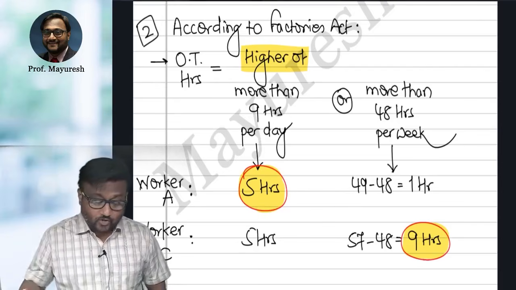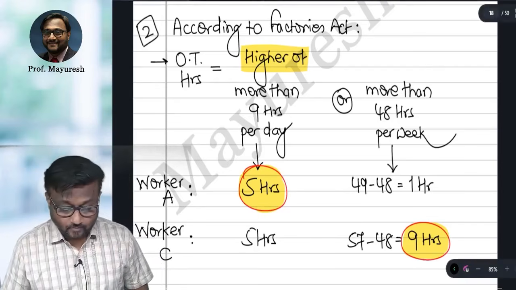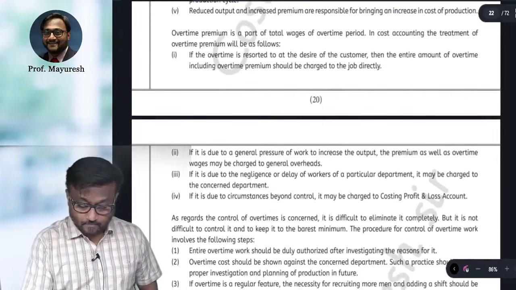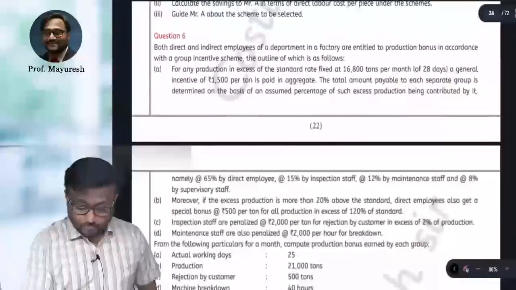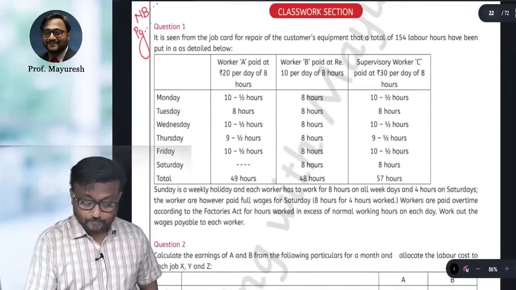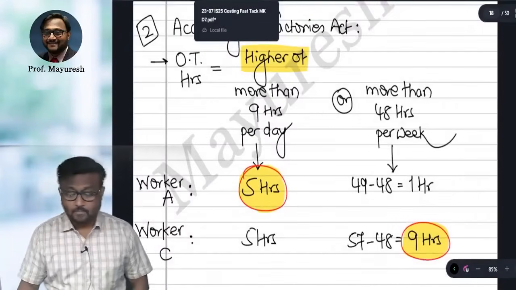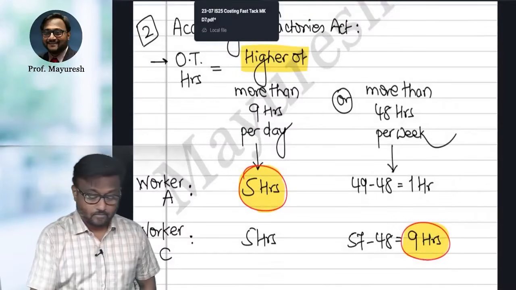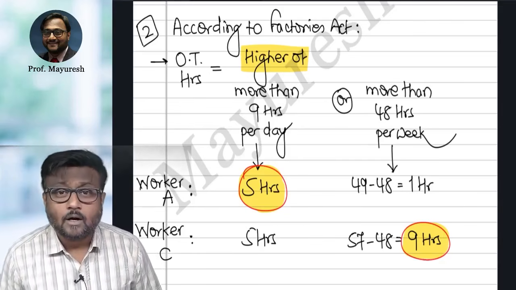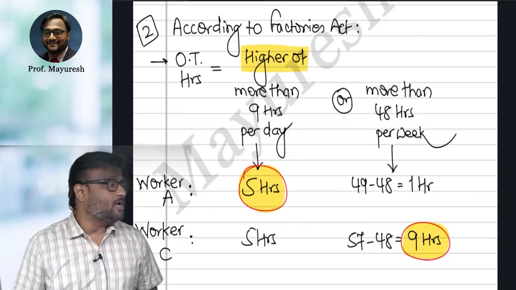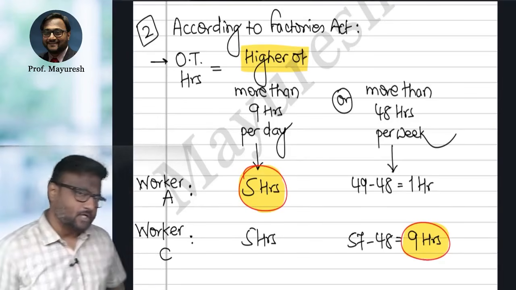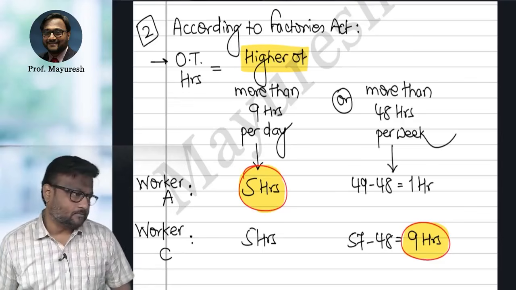Okay. In case of worker C, overtime on daily basis is only 5 hours.